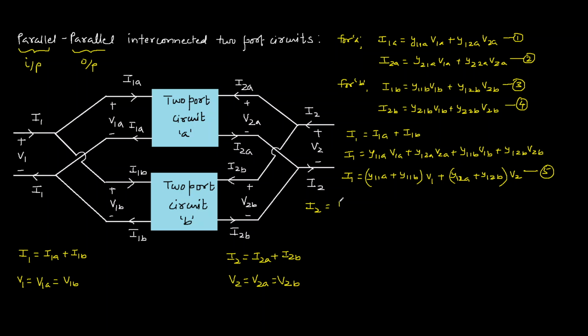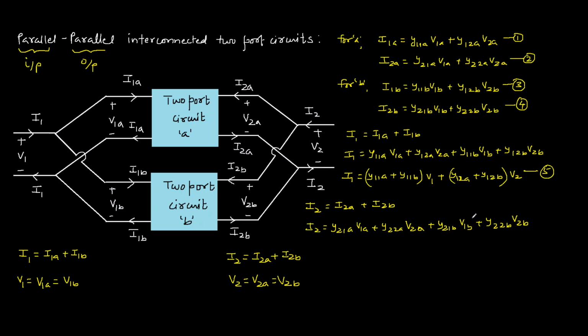Similarly, the current I2 is I2A plus I2B. Now we can replace I2A and I2B from equations 2 and 4 into this equation. So we have Y21A V1A plus Y22A V2A plus Y21B V1B plus Y22B V2B.